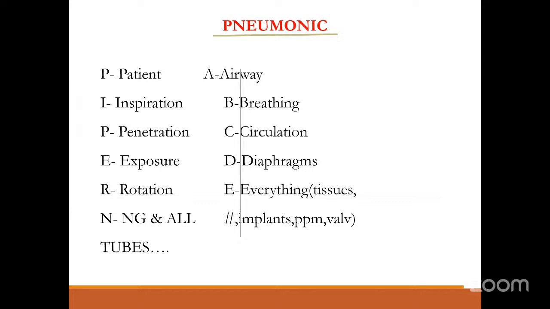Have the X-ray beams adequately penetrated? Are they under-penetrated or over-penetrated? Is the patient properly exposed? Is the chest X-ray in the midline or is it a rotated film? We look for all tubes, be it ET tubes, drain tubes, Ryle's tubes, feeding tubes, all these things, which we routinely see in an X-ray.